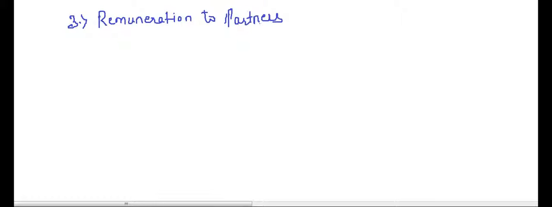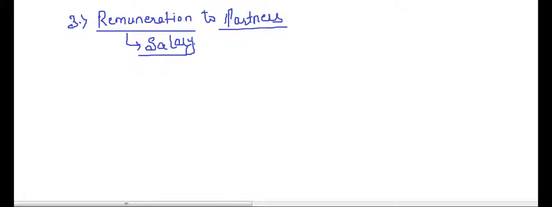Next, third, we have remuneration to partners. I'll say remuneration in the form of salary.